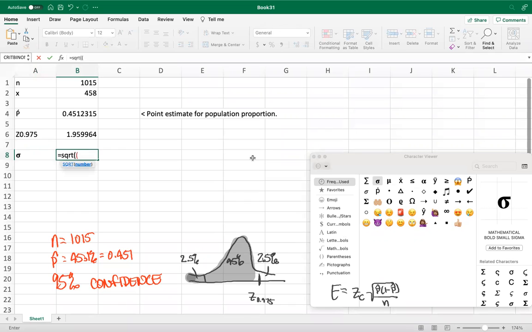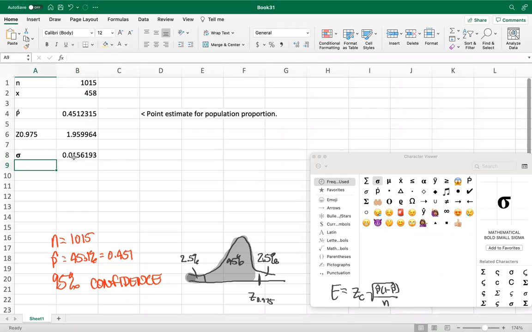The numerator was p hat times, let's start parentheses for this inside part, 1 minus p hat, close parentheses for 1 minus p hat, close parentheses for the numerator, and we're dividing by the denominator, which is n. And here we just close parentheses for the whole square root. And this is our standard deviation.